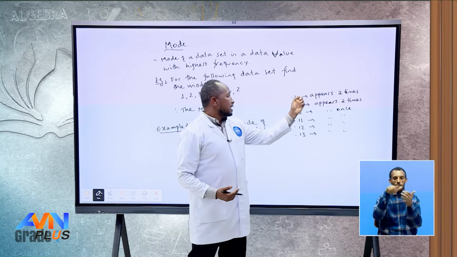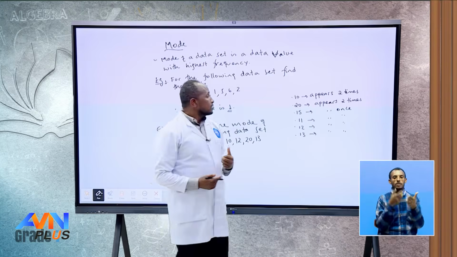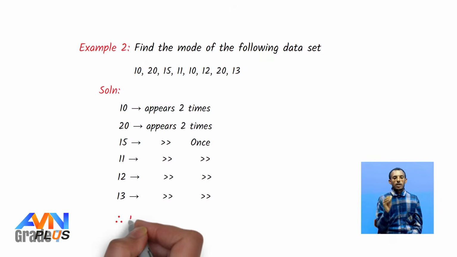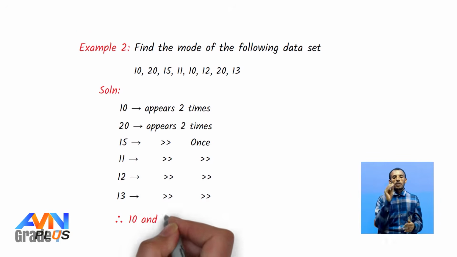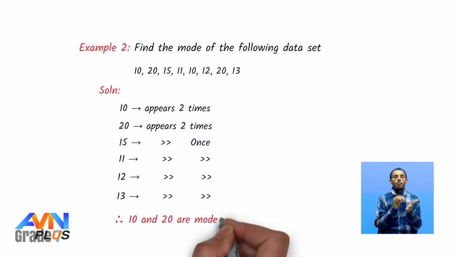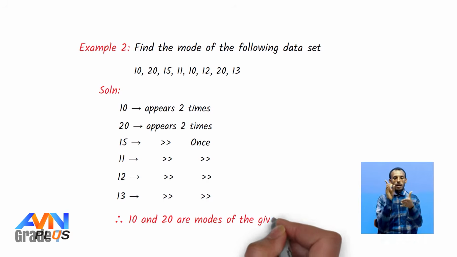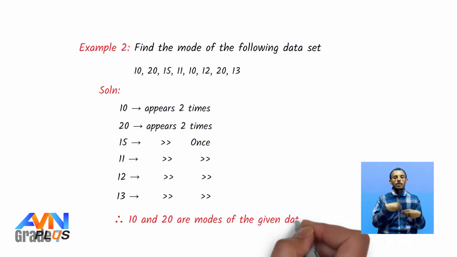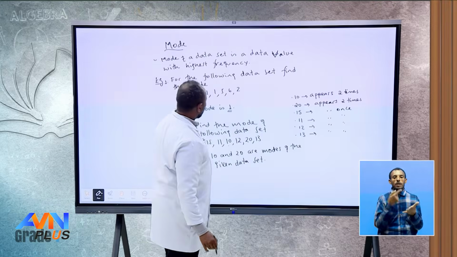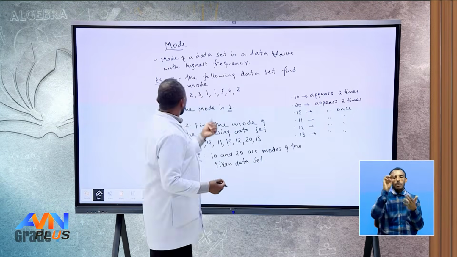Therefore, in this case, 10 and 20 will be the modes of this data set.